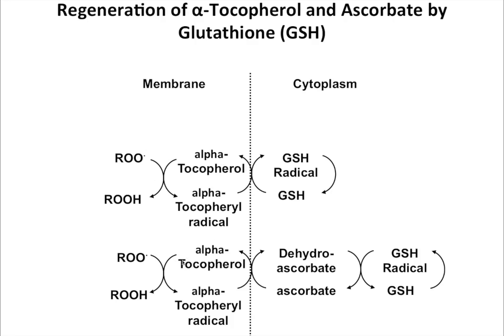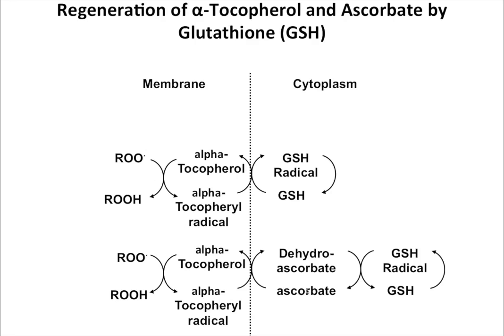Similarly, you can see below here we have ROO dot being neutralized by alpha tocopherol, forming ROOH, which again is not a functional structure, but at least it's a neutralized structure, and it stops the free radical events. So alpha tocopherol radical is formed as a result of this process.